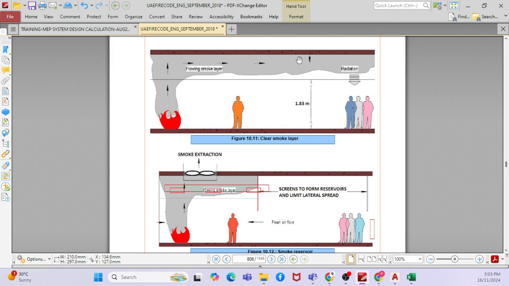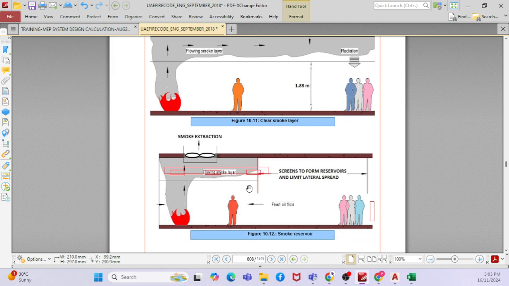And it is spreading to the nearest area. In that area, by means of radiation, the people get some heat, right? So to avoid that, you are going to protect with a downstand. If you provide a downstand, the smoke will not spread.